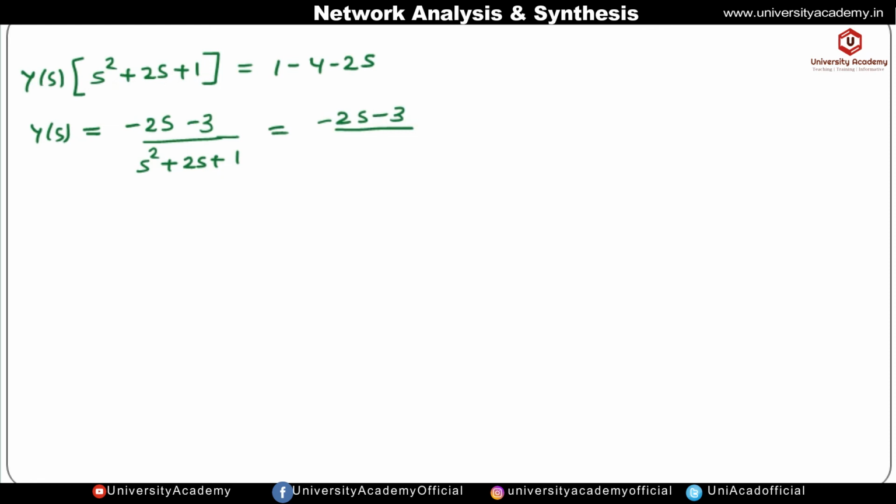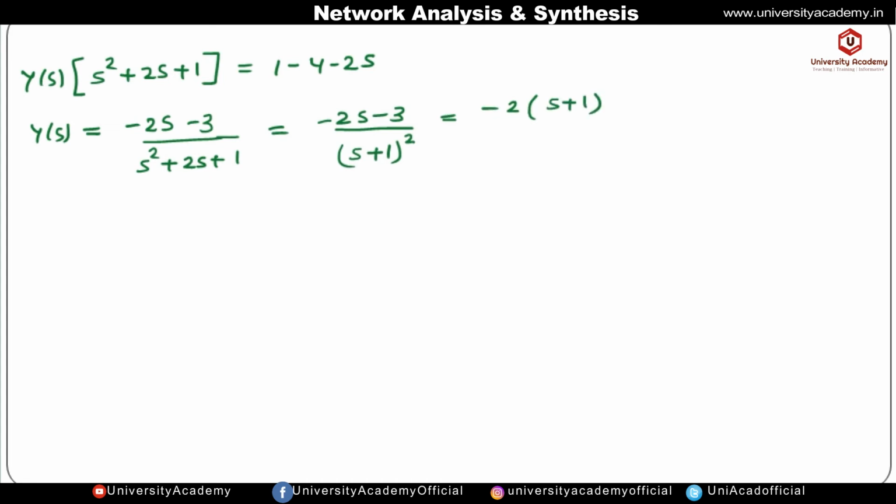So s square plus 2s plus 1 is nothing but s plus 1 whole square. So a plus b whole square is a square plus b square plus 2ab, so it will give s square plus 2s plus 1. Okay, so now we can rearrange this: in place of s we can write s plus 1.